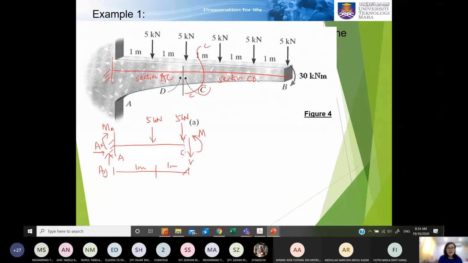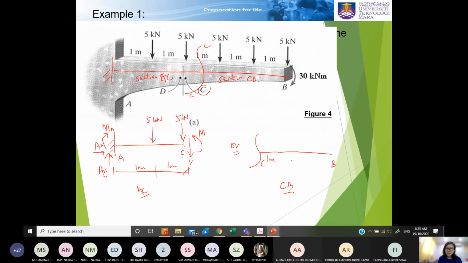This is after the 5 kilonewton. Or you choose section CB to analyze, instead of section AC. Then this will be C here, and this is B. You need to put in all the forces within this section.